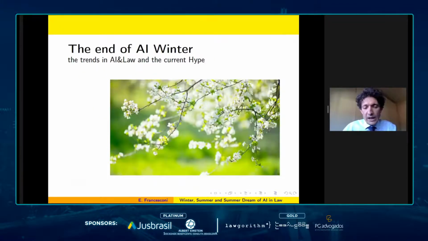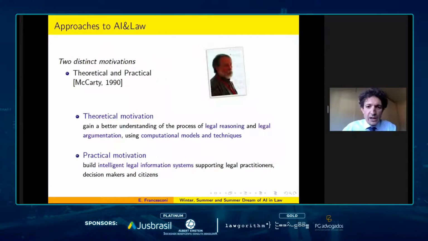So we are actually at the end of the AI winter, and we can have a look at what happened during these years in the AI and law community, and see what is going on in the current hype. Our first president, Thorne McCarthy, since the beginning identified two distinct motivations for research in AI and law: practical and theoretical.